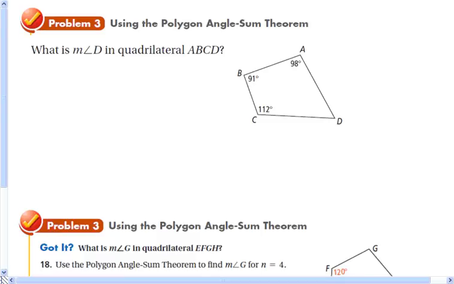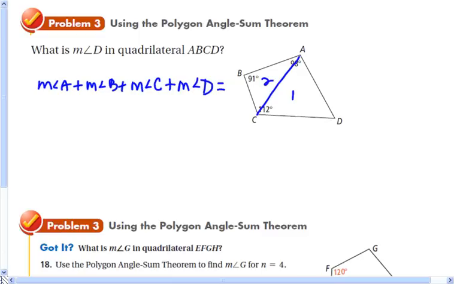What is the measure of angle D in the quadrilateral? All right, so using the angle sum theorem, we know that the measure of angle A plus the measure of angle B plus the measure of angle C plus the measure of angle D is equal to, I'm just going to do it the quick way here, 2 times 180, which is 360.